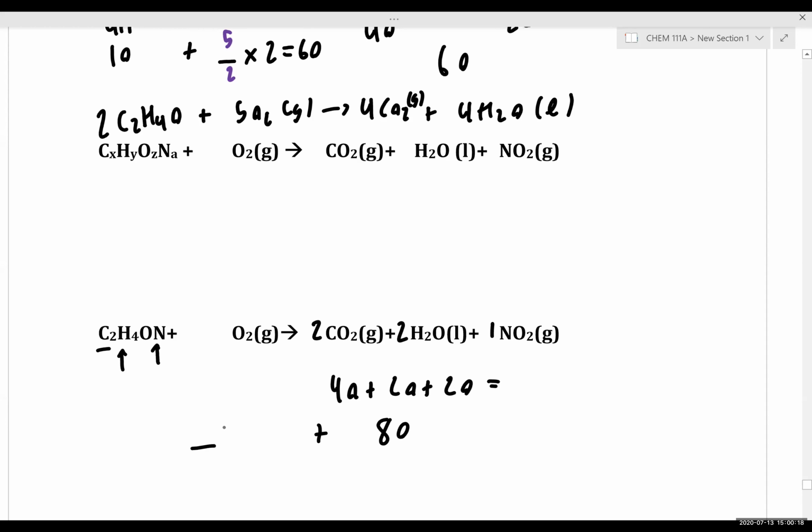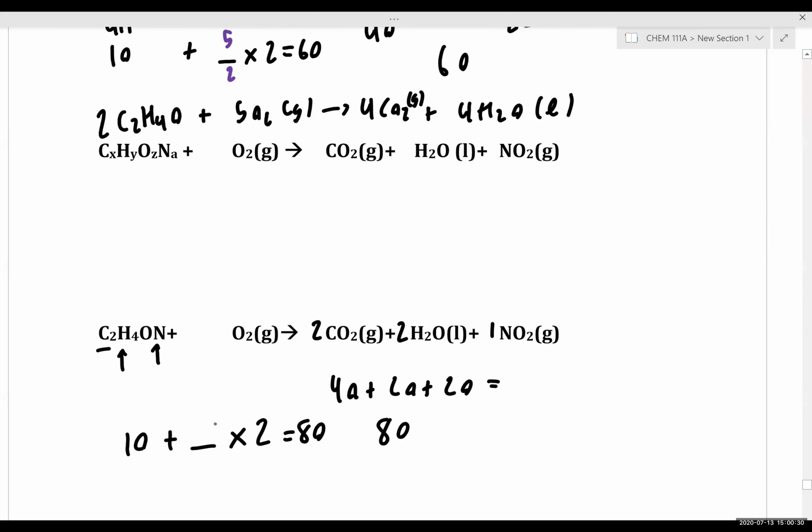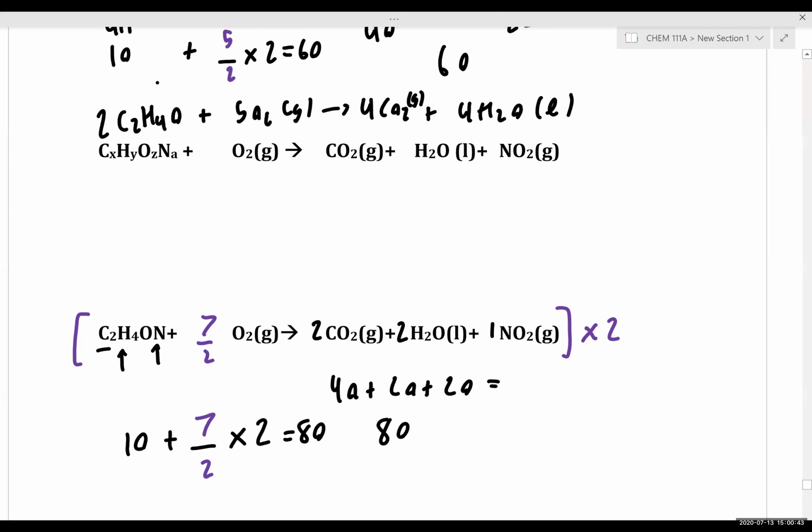8 oxygens is equal to 1 oxygen plus what times 2? So we'd guess a coefficient of 7 over 2. And now all we have to do is multiply this entire expression by 2 to give us our balanced equation.